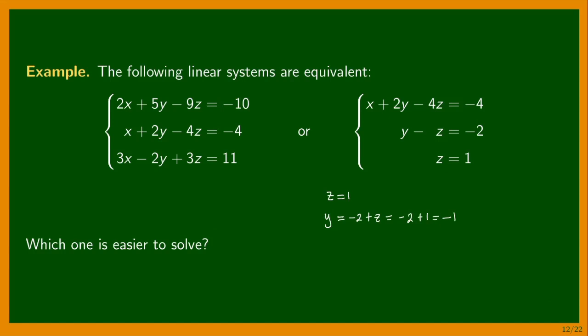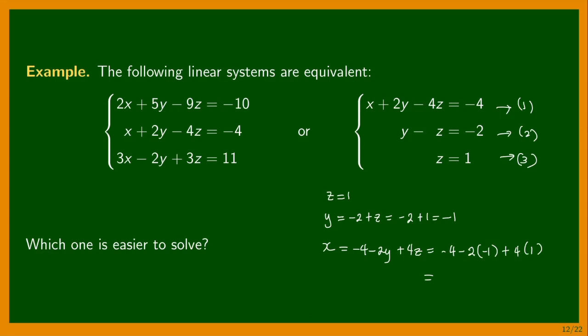And from the first equation, let's call these equations 1, 2, 3. From the first equation, x is negative 4 minus 2y plus 4z. Because we already know the values of y and z, we can just directly substitute. Right? Kindly check if I make mistakes in my computations.